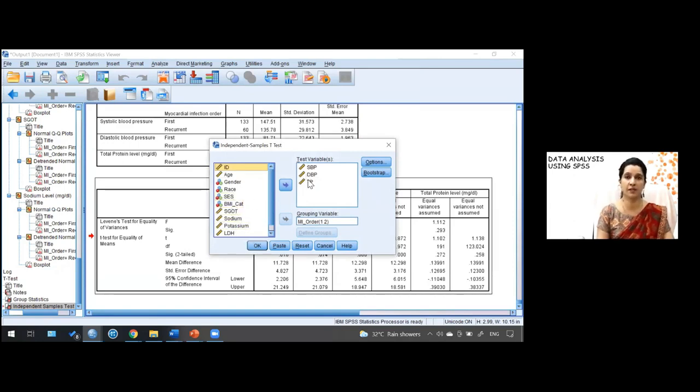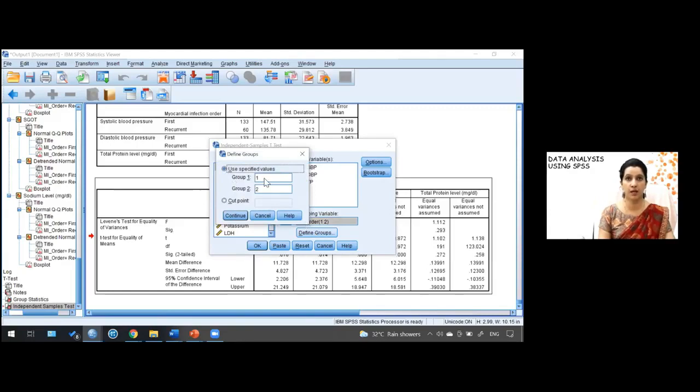Right now I have transferred 3. If you want to test 10 variables, 6 variables, you transfer all the continuous variables here in this box. But the grouping variable, you can transfer only 1. So I want to see these variables across the order of MI. So I have transferred this order of MI here, and then there is an option of Define Groups. So you go to this Define Groups.